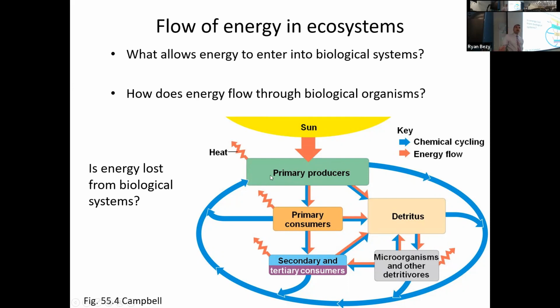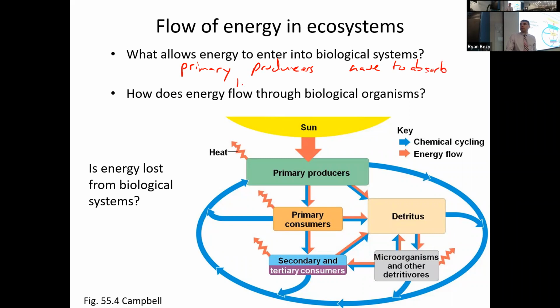Again, the sunlight by itself is not going to enter into biological systems unless, and this is what we're going to talk about, primary producers have to absorb or harvest the light energy.